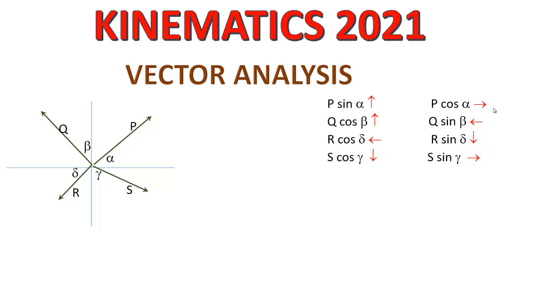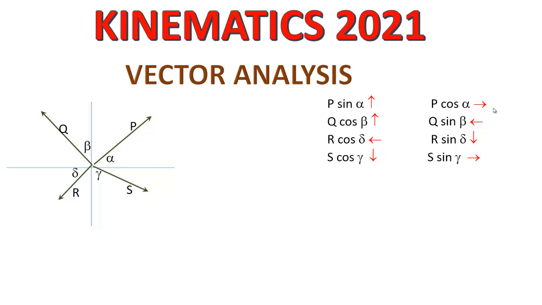So we have broken every vector into two mutually perpendicular vectors: positive x-axis, negative x-axis, positive y-axis, negative y-axis. Now, positive x and negative x compensate each other, and similarly positive y and negative y. So when I say net horizontal, I will take the net positive.